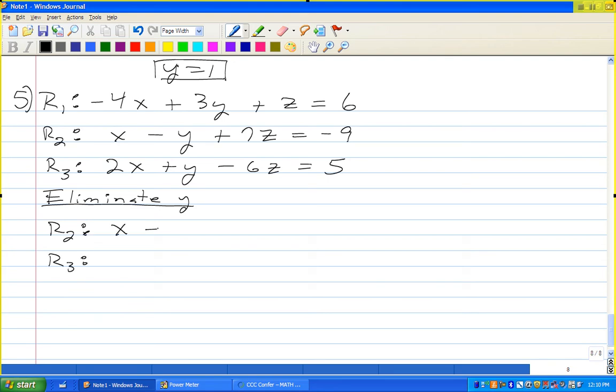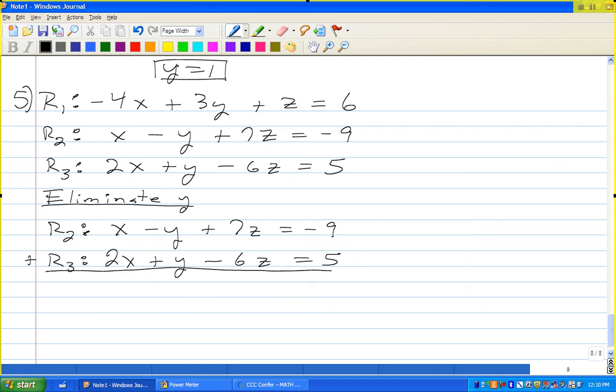So x minus y plus 7z equals negative 9, and 2x plus y minus 6z equals 5. So I can just add these. When I do that, I get 3x plus z equals negative 4. Let me call this S1.